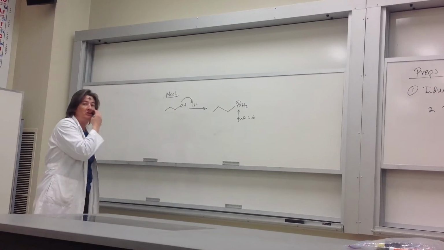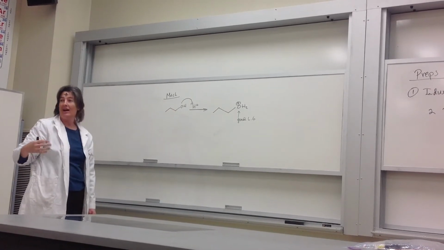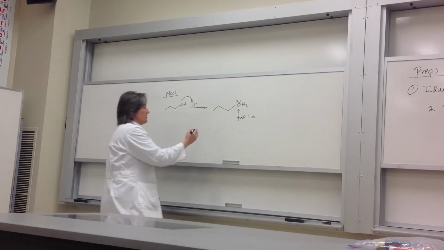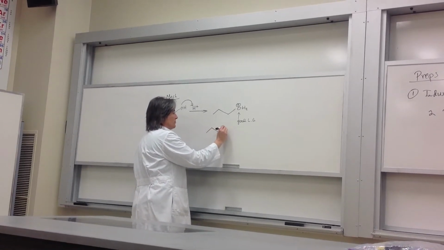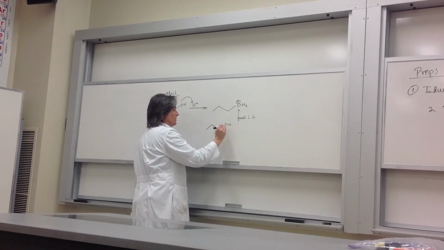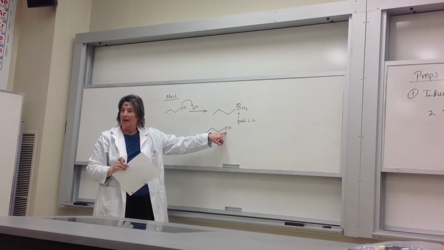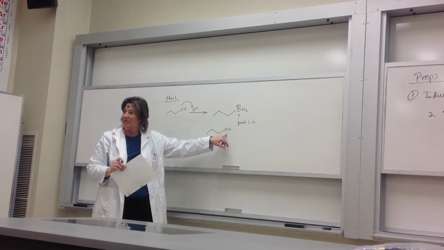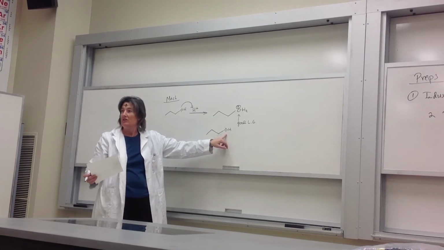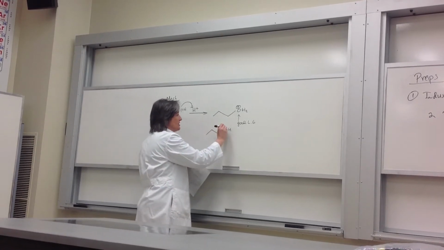So now I've got a decent leaving group, and I have more alcohol around. So I'm drawing my second propanol molecule. And here the oxygen is going to act as a nucleophile. It's not a superb nucleophile, it's okay. I've got a really good leaving group, so that balances it out.